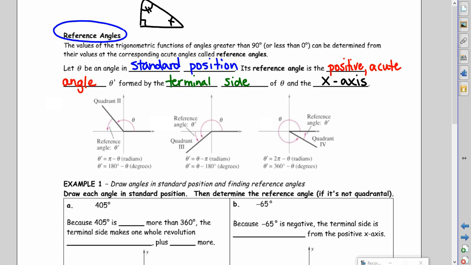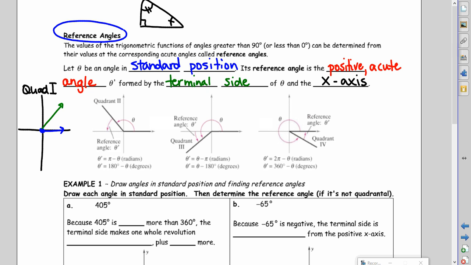Okay, so we didn't have a quadrant 1. Oops. So I'm going to come over here and draw a quadrant 1 angle. The reason there's no quadrant 1 angle on there is, if we're starting out in standard position, I start out with the positive x-axis. If I am in quadrant 1, then my terminal side is going to land up here.